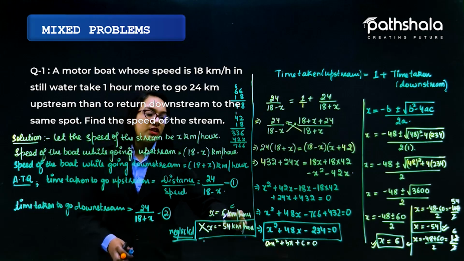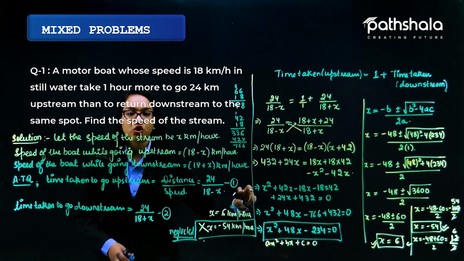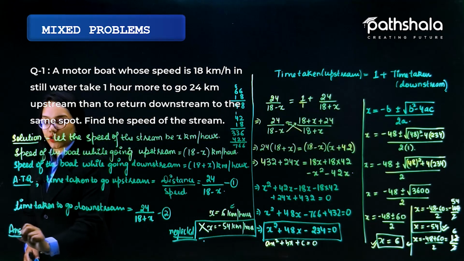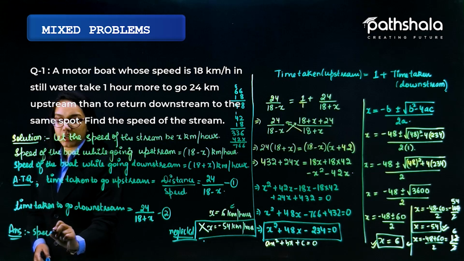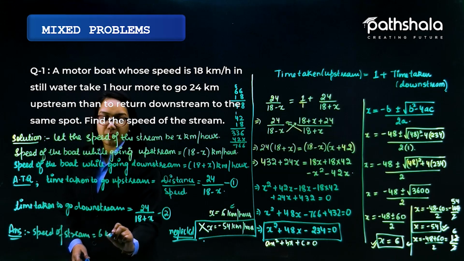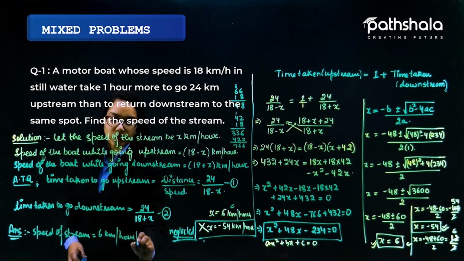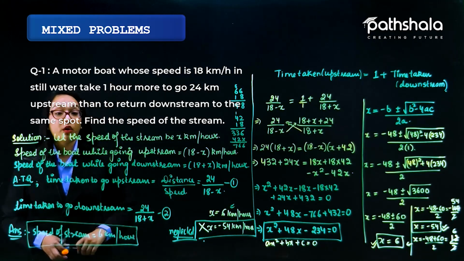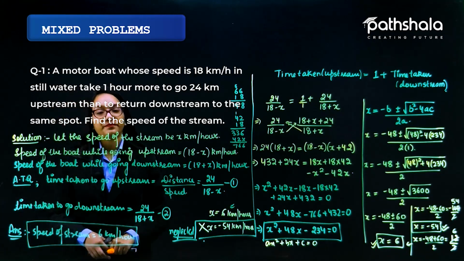So x is equal to 6 kilometer per hour is nothing but the solution of this particular question. So the answer for this question is that the speed of the stream is equal to 6 kilometer per hour. This is nothing but our answer using the method of quadratic formula.